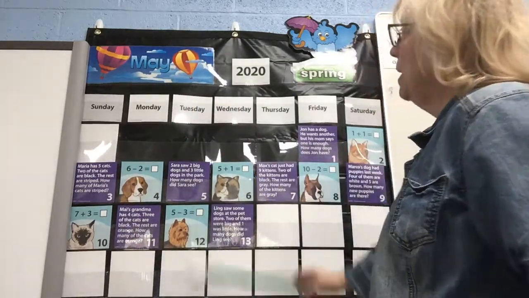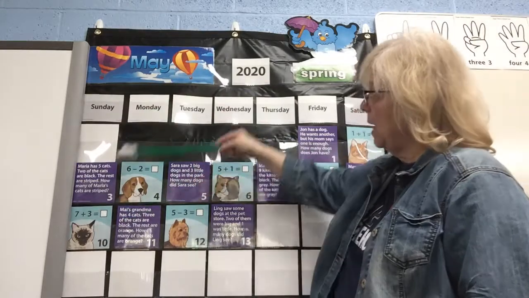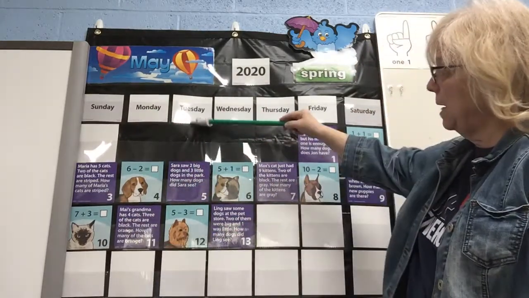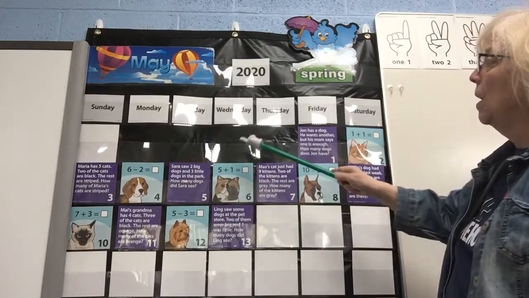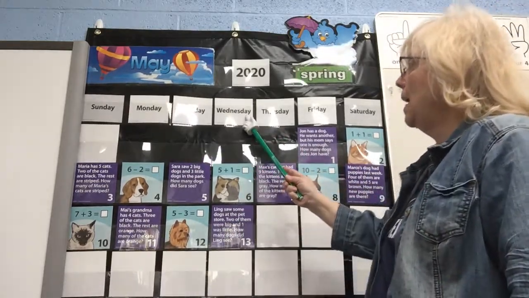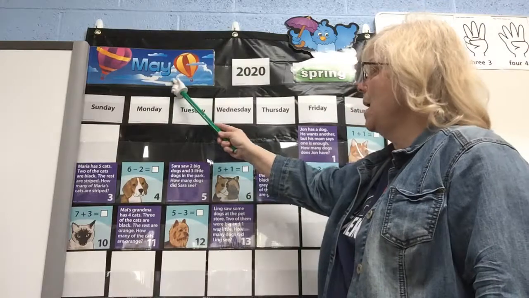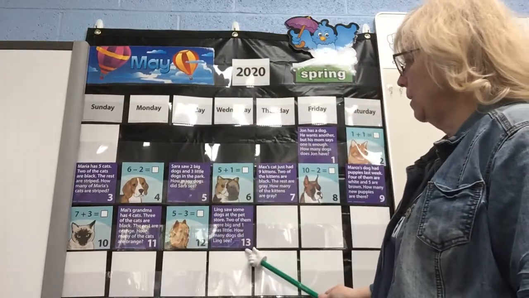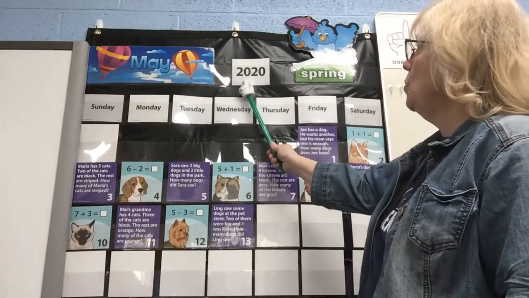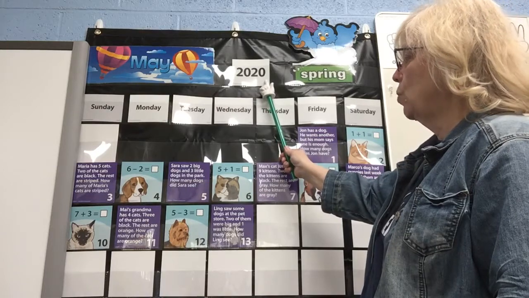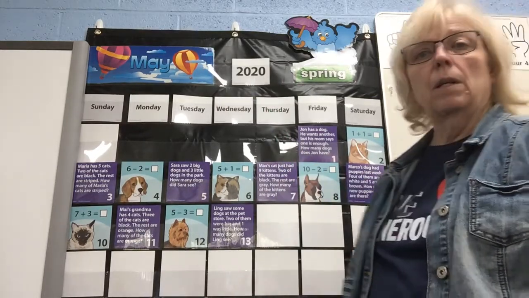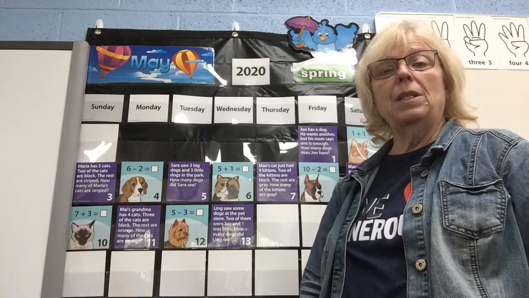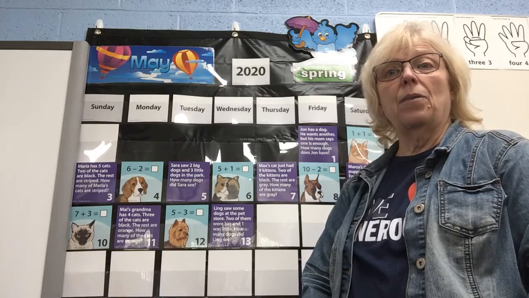And let's go over our days of the week. Sunday, Monday, Tuesday, Wednesday. So today is Wednesday, May 13th, 2020. Okay, boys and girls, that is it for today for our math calendar.